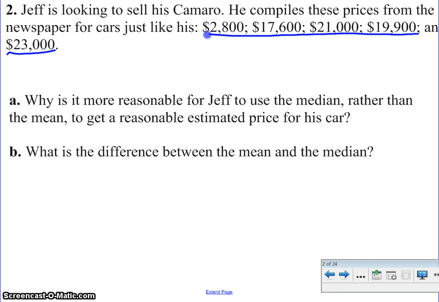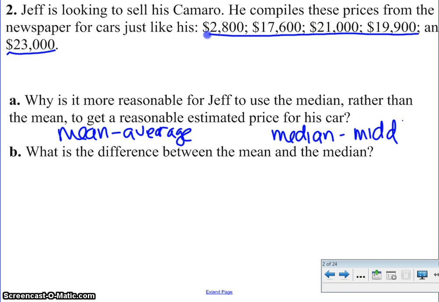So if you'll remember from the lesson plan that we talked about, the mean is that average, whereas the median is the middle. And I believe that I gave an example of the ages of all of us in the classroom. So if we took the average, we would add all of our ages together, and then divide by how many of us were in the room.